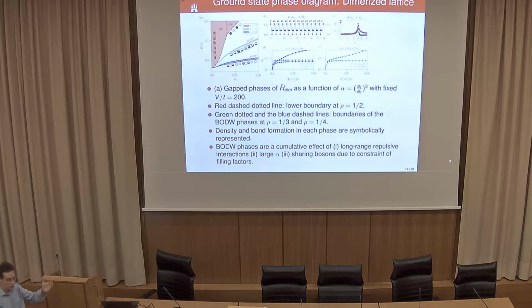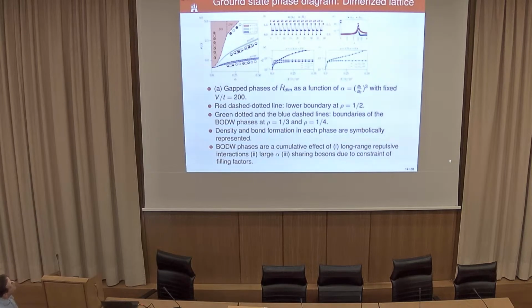They go across unit cells. And that is then giving you the bond order, but both of them are present, so it's a bond order density wave. Yeah. So, and all of that again is only possible due to the long-range repulsive interaction, and in this case also, alpha has to be substantial.